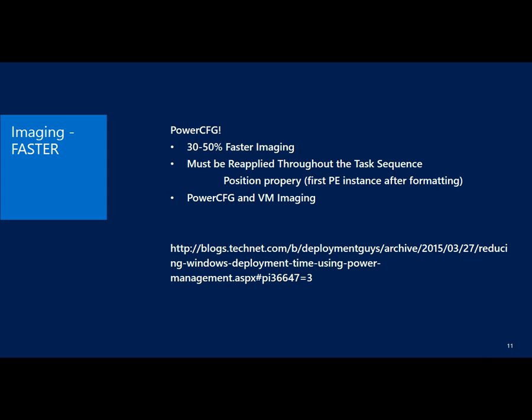And what we found is if you put your system into high performance mode, your performance on imaging will increase pretty notably, right? You might be a little bit less than that, but even 15 to 20% gain is a pretty substantial gain and probably worth the extra work, right? So the idea, again, is to add PowerConfig in various places throughout the task sequence.